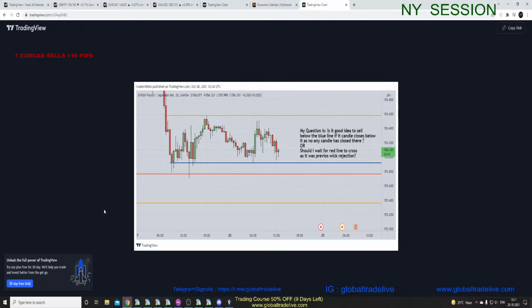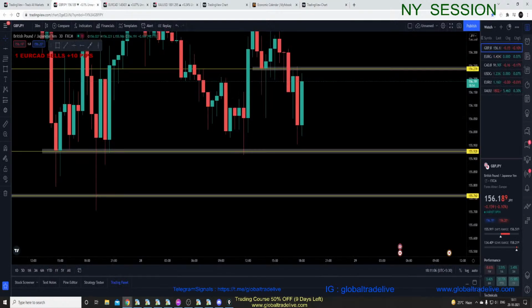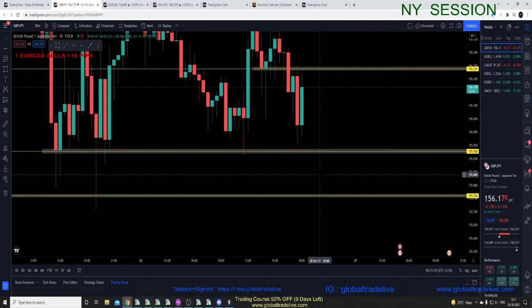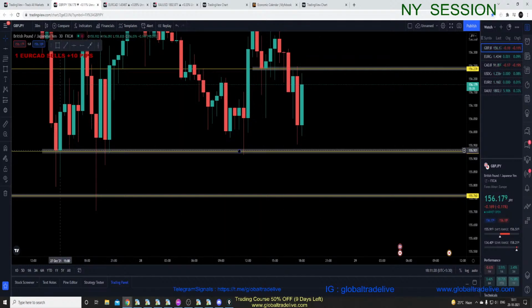Nishal, what you can do is, I think this is the same thing I'm looking for over here. If a candle closes below this zone, then in the next candle I'm gonna take the trade, because none of these candles are able to close below 155.928.